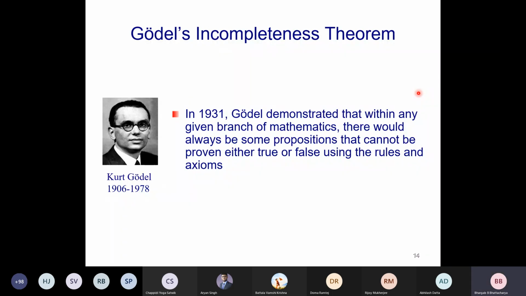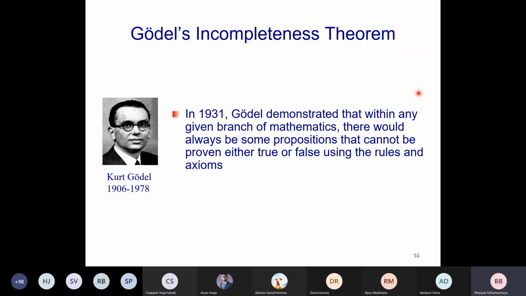That is what Gödel proved, and this is a very fundamental theorem in mathematics. It's called the incompleteness theorem. So these are similar, like the halting problem of Turing machines and the incompleteness theorem. They are similar kinds of propositions.